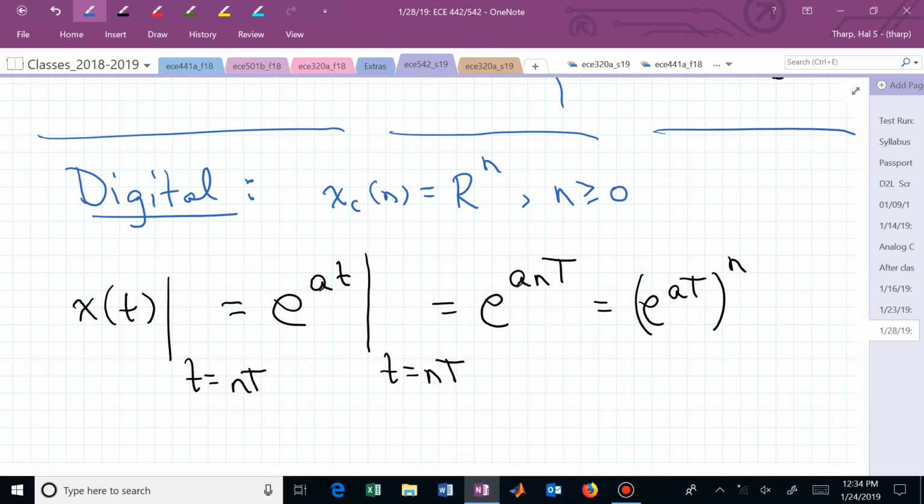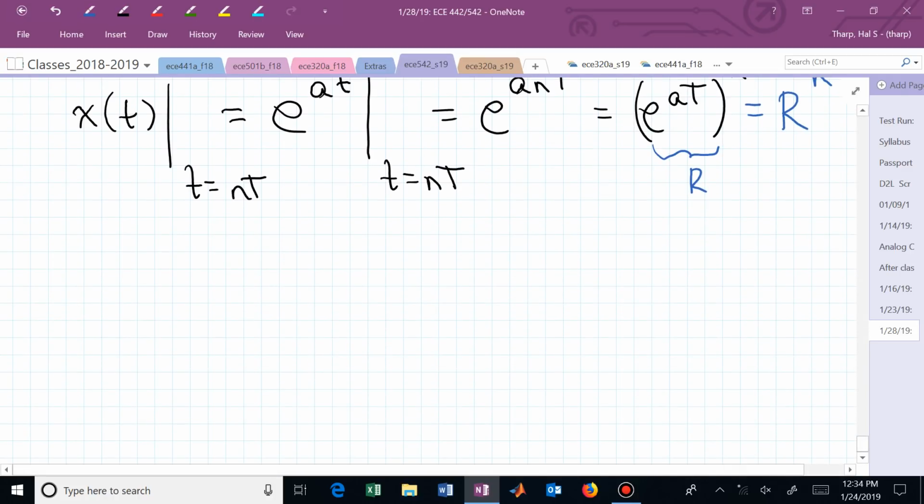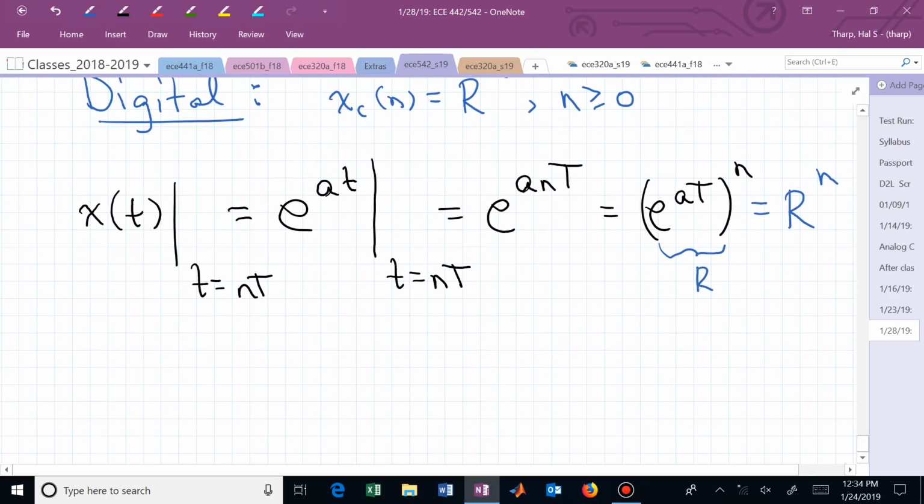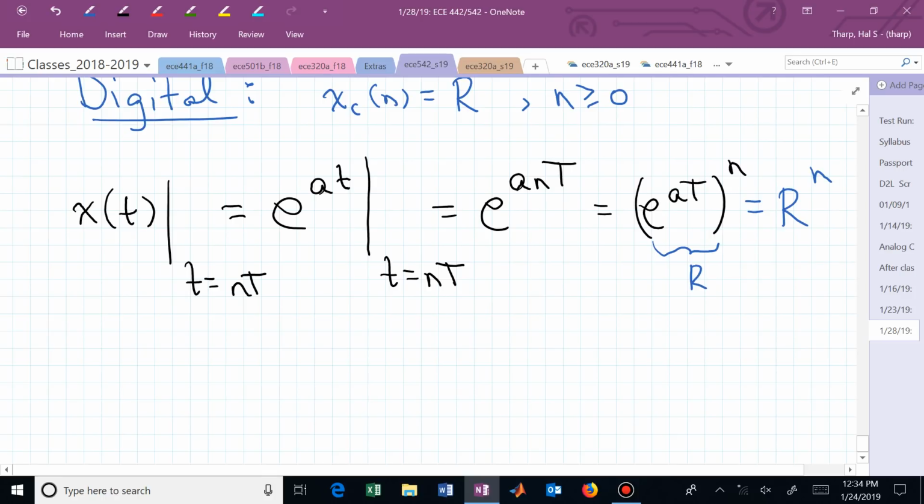And if you just think of this as r, we now have r to the n, which is what we said we needed for the structure of a digital or discrete time exponential waveform. And what x sub c of n looks like in the time domain will obviously depend on what value r has.